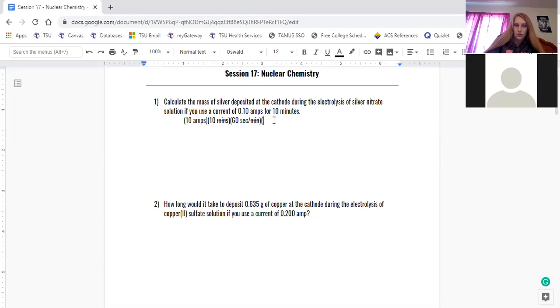Then this is where we're going to use Faraday's constant. So we know we're going to have 1 mole of electrons for every 96,500 amps times seconds.